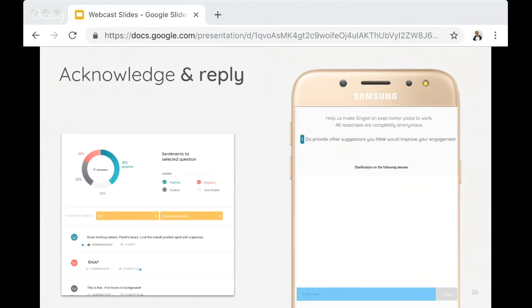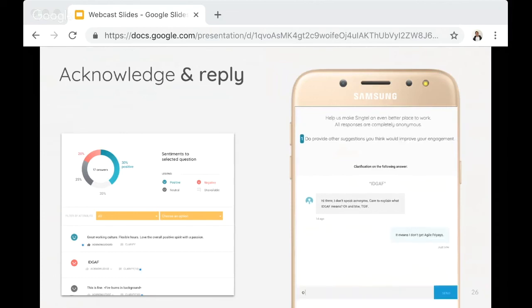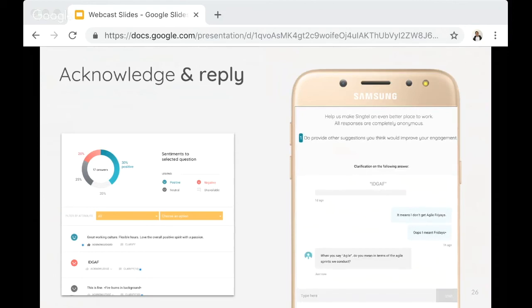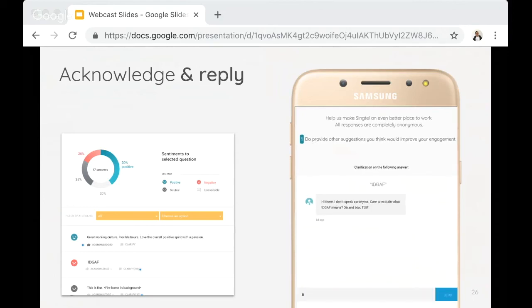Secondly, to also be able to reply almost in an anonymized live chat feature to say that, actually, I wasn't clear about the feedback that you gave. Do you mind sharing a little bit more about what you meant?